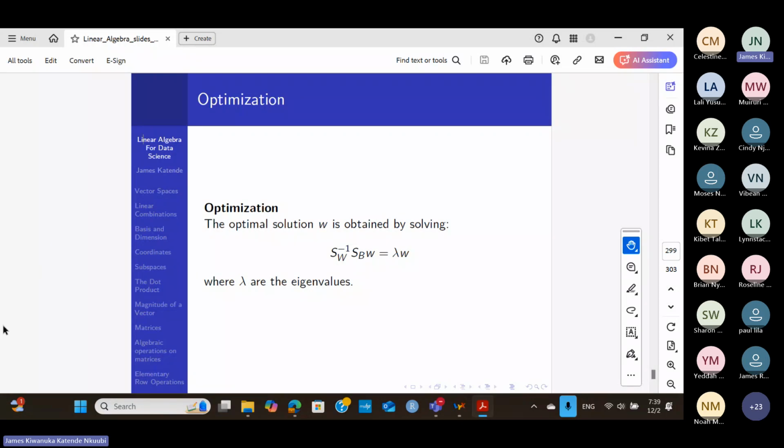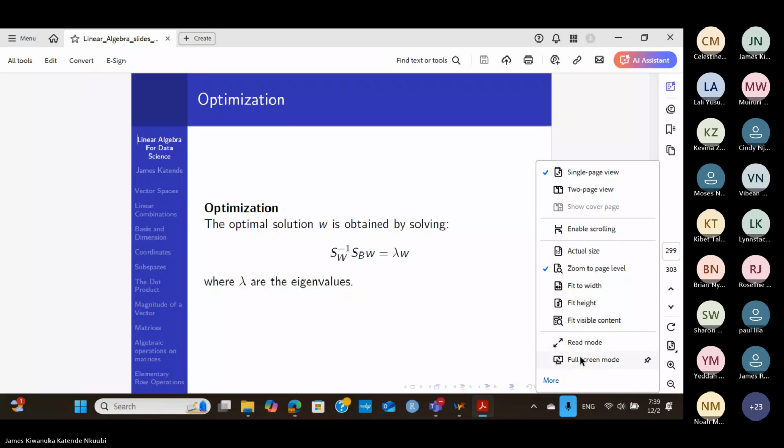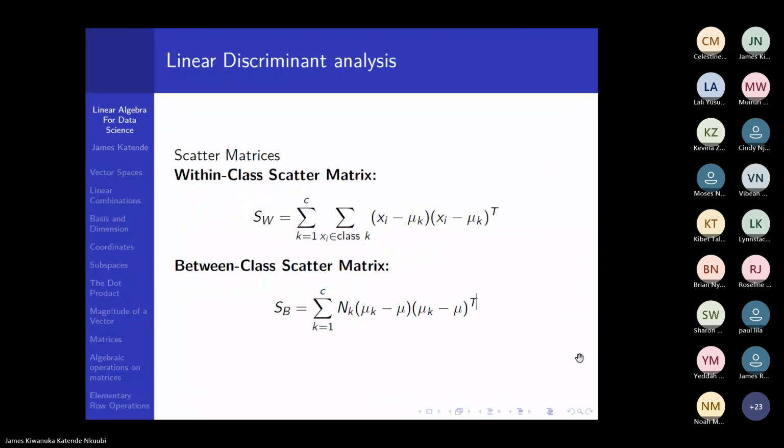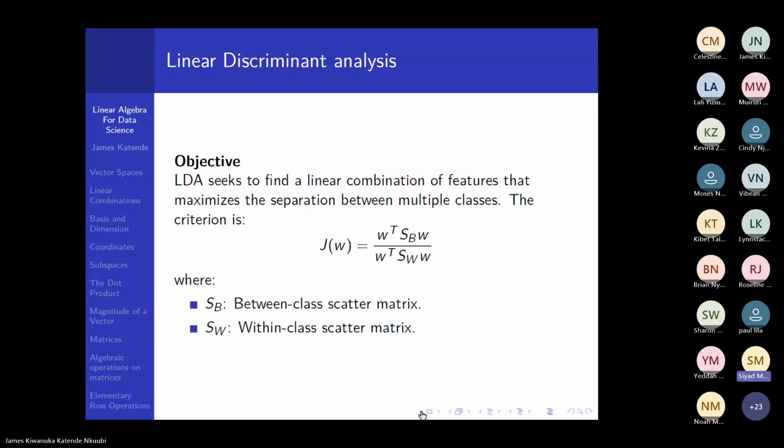For some reason, the slides are not moving when I press the arrow keys. I think your cursor is a hand, so you have to deselect that from the PDF.